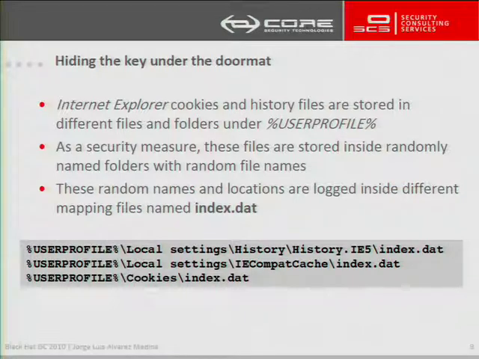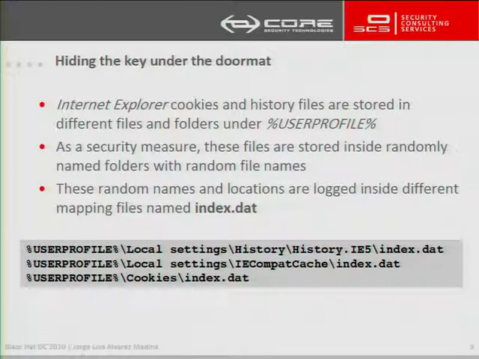As some kind of innocuous security measure, those files are randomly named. They don't follow, at least, an easy-to-understand pattern, the names of the files and the folders that Internet Explorer internally uses.